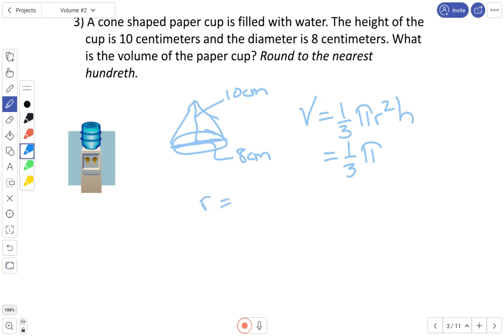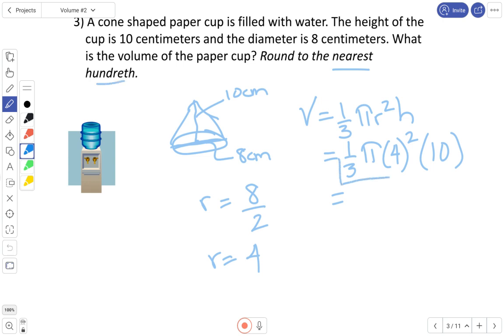So I'm going to take my diameter, which is 8, and I'm going to divide it by 2. And when I do that, I get my radius of 4. Now that I know my radius, I'm going to plug that in, and then I'm going to plug in my height of 10 centimeters. All right, this says round to the nearest hundredth.